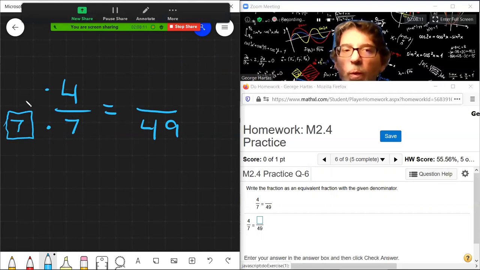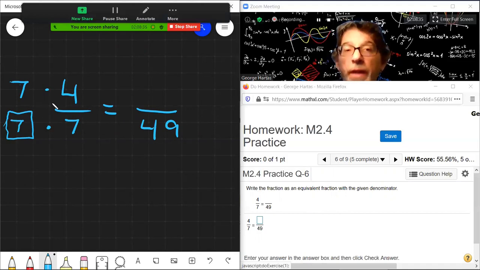So this is what's in our head down here. This is what we're thinking about. We know that 7 times 7 is 49. Well, if we multiply the bottom by 7, we've got to multiply the top by 7 also, because this number has to be the same so we don't mess up the ratio, 4 over 7. Okay?